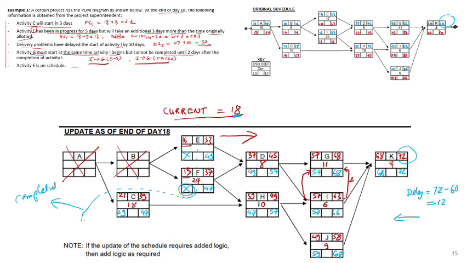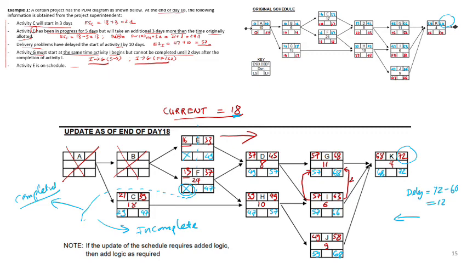So E and F are partially completed, and activity C is not started yet. So everything on the left of this line is completed, and everything on the right side is incompleted. So based on this schedule, you can quickly identify the remaining work and the completed work, and their new start and new finish.